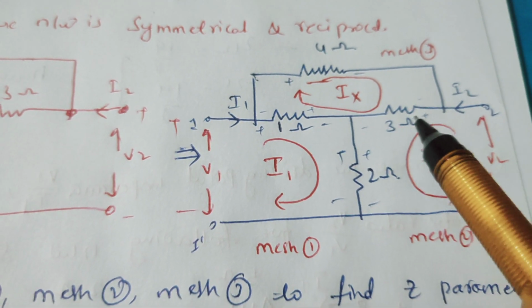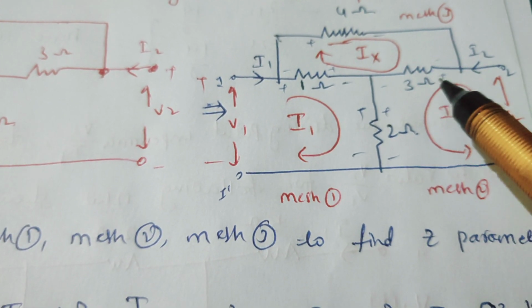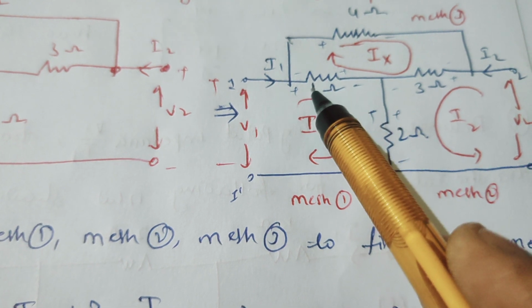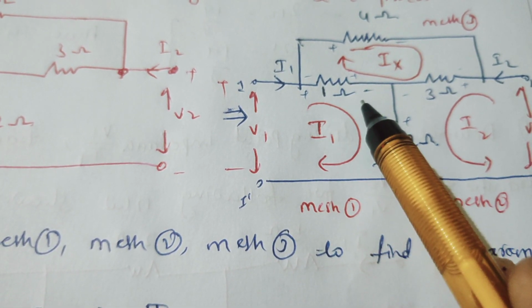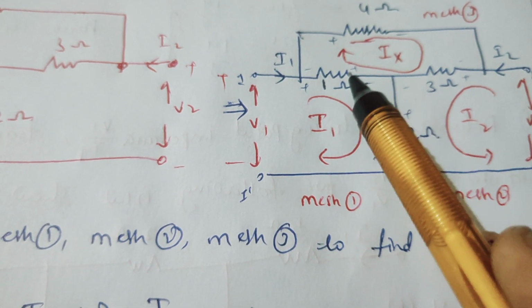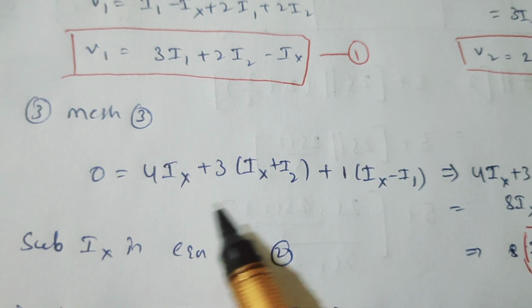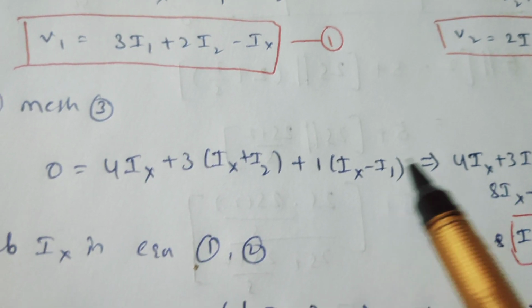Then again in this 1 ohm resistor, Ix is your entering current and I1 is your exit current, so we get Ix minus I1.